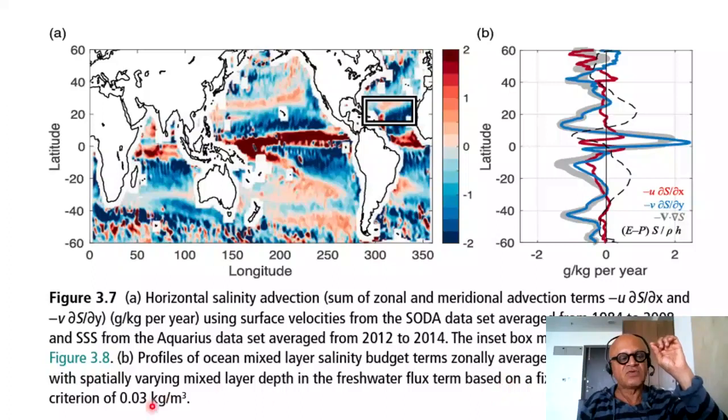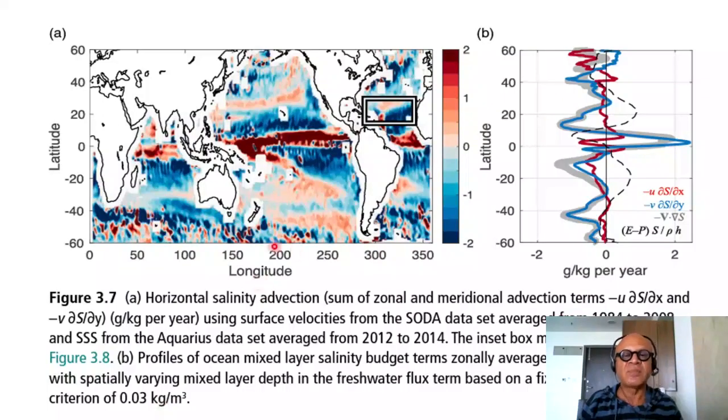So diagnostically, we compute it either as a temperature criterion where SST drops by 0.5 degrees over the mixed layer depth, or density drops by some amount like 0.03 kilogram per meter cubed, and so on. So you have to be careful about those as well.